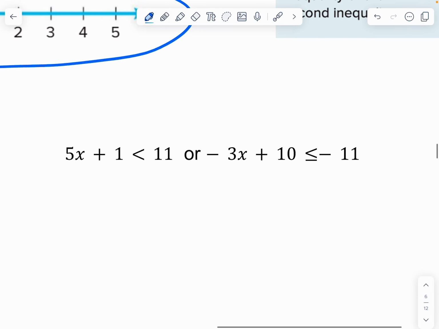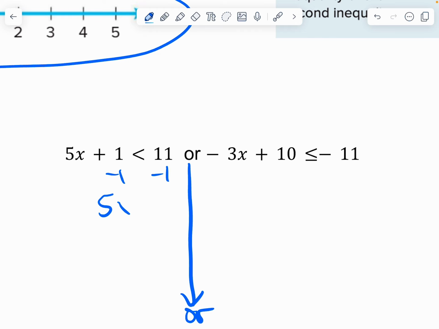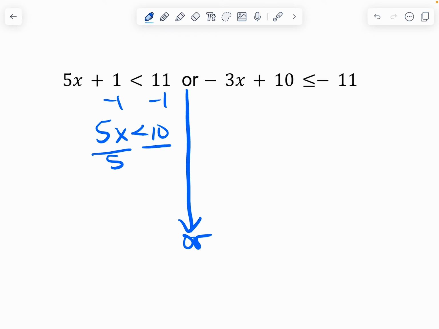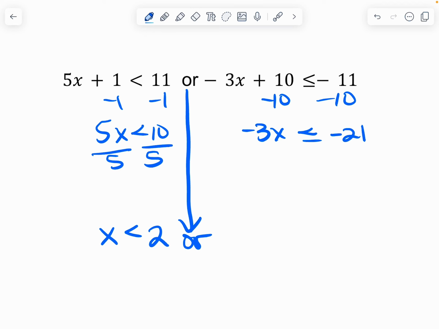So let's do it again. Again, or. So I subtract 1, I get 5x is less than 10. I divide by 5, and I get x is less than 2. Over here, I subtract 10 from both sides. I get negative 3x is less than or equal to negative 21.